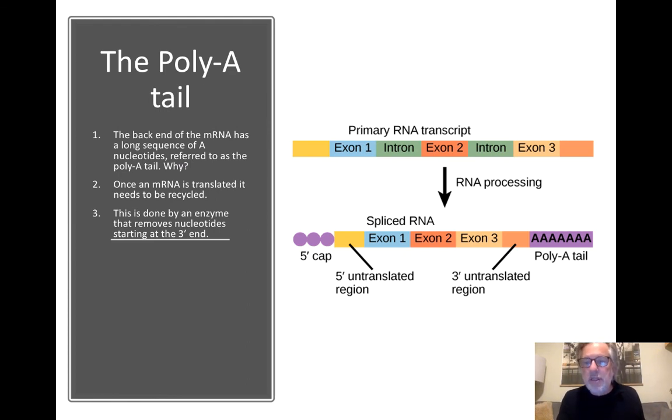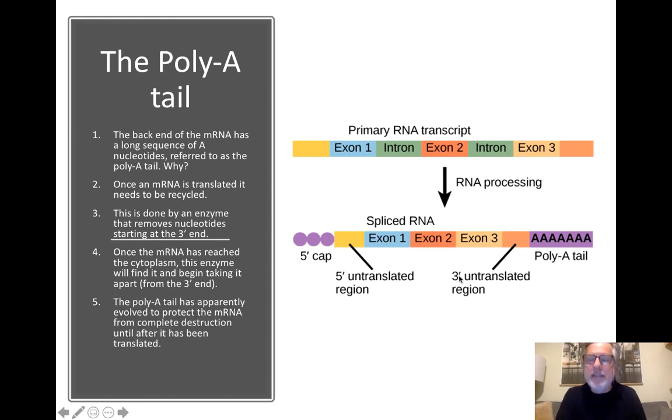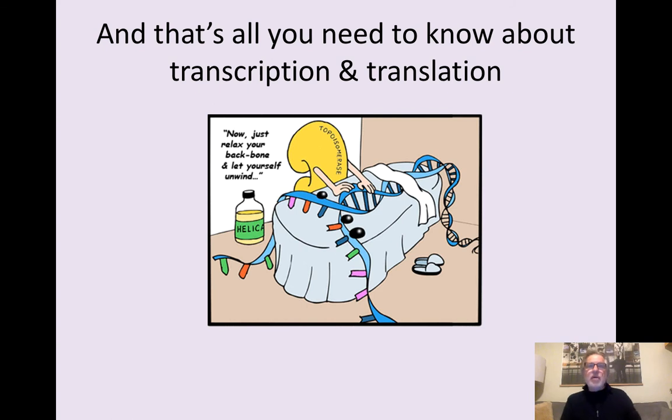You'll notice the poly A tail is at the 3' end. Once the mRNA has reached the cytoplasm, this enzyme will find it and begin taking it apart. So the poly A tail has evolved as a protective measure for the mRNA transcript against this recycler enzyme. And that's about all you need to know about transcription and translation.